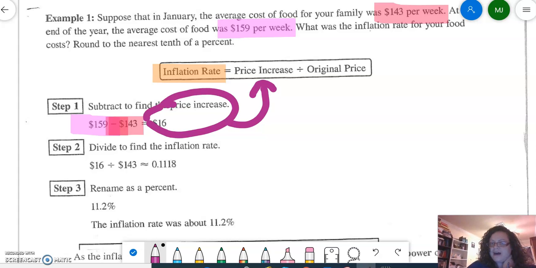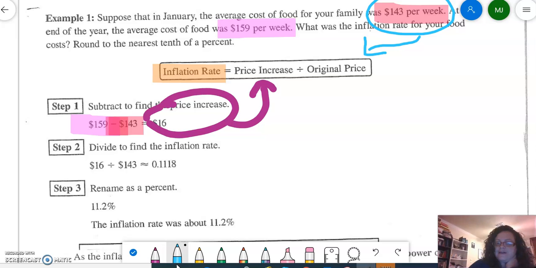And now we want to divide by the original price. So the original price is the same thing as saying the starting price or the beginning price. So that was the 143. That's our original price. So that's how they got step 2: we divide to find the inflation rate. So what did we divide?